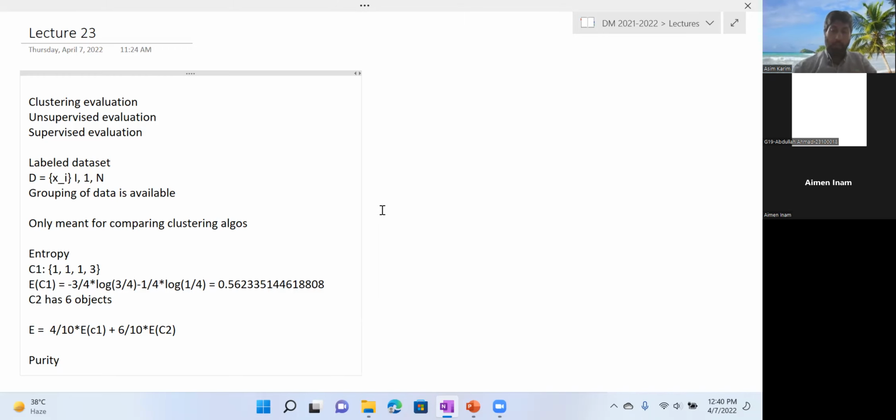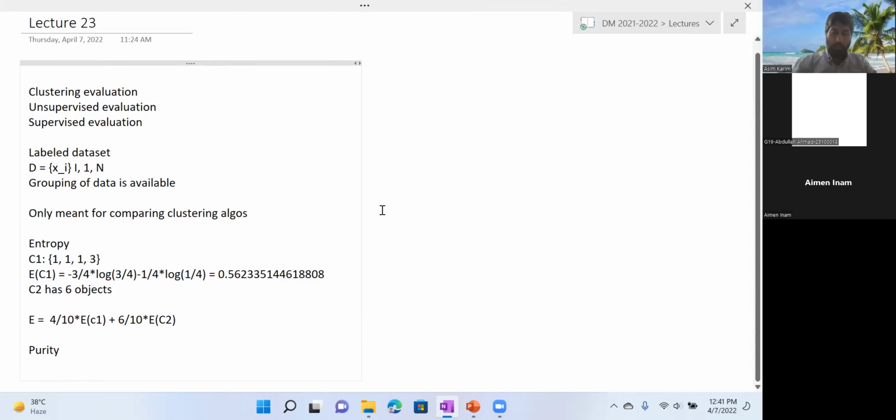Purity is related to entropy, actually slightly different from entropy. So for the purity of a cluster, let's say we have the same cluster C1, with objects belonging to class 1, class 1, class 1, and class 3.